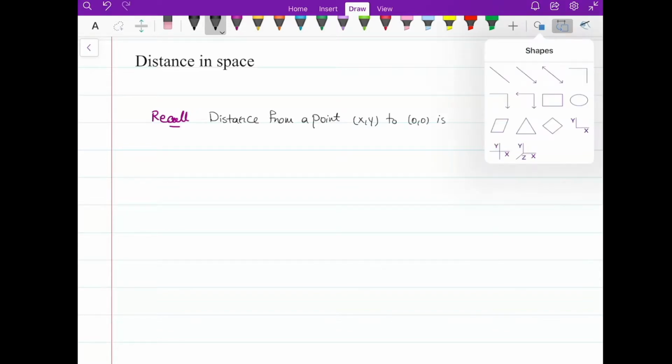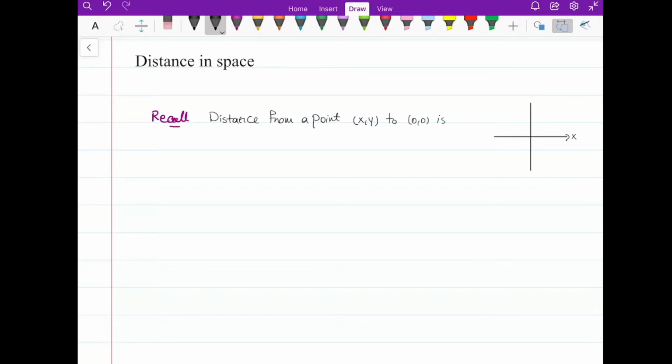Let me graph it first. X-axis, y-axis, and the point (x, y). I'm talking about the length of this line. It was x squared plus y squared and then square root.